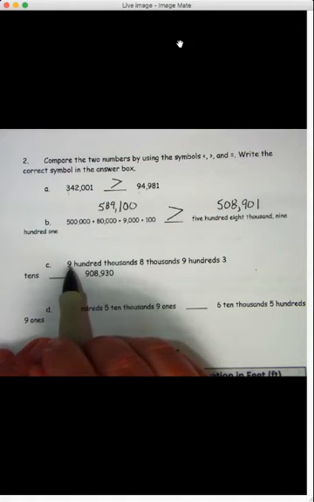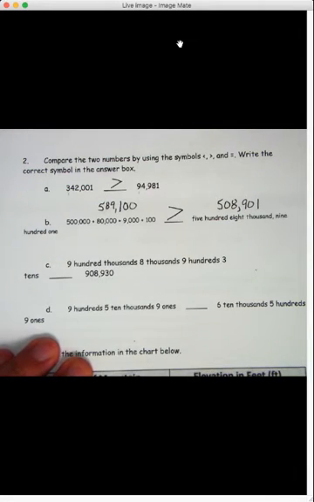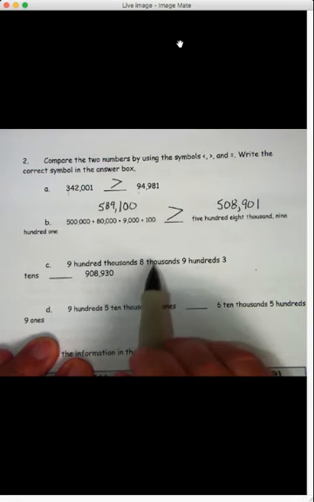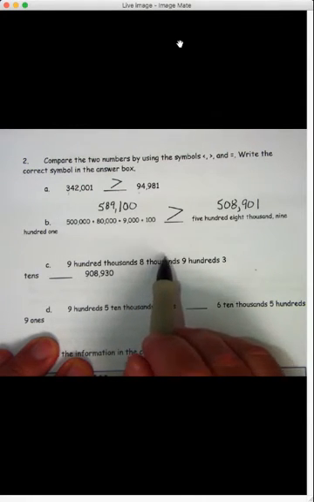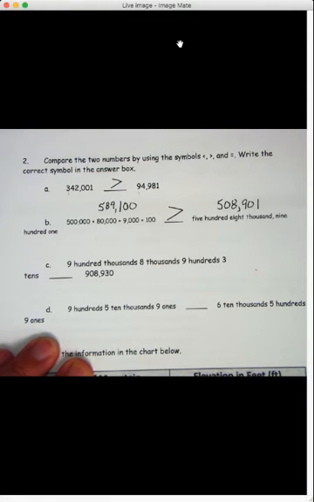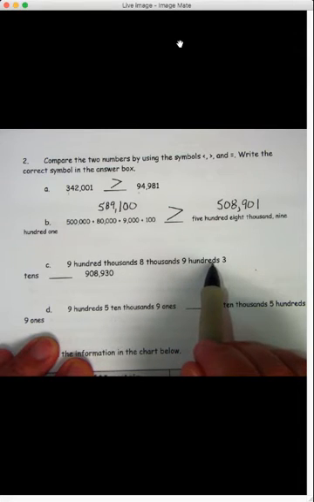This says this has 9 in the 100,000s place. So it has 900,000s. Well, so does this one. This one has 900,000s, doesn't it? This one says it has 8,000s. Let's see how many thousands this one has. It has 8,000s. Well, this one says it has 900s.